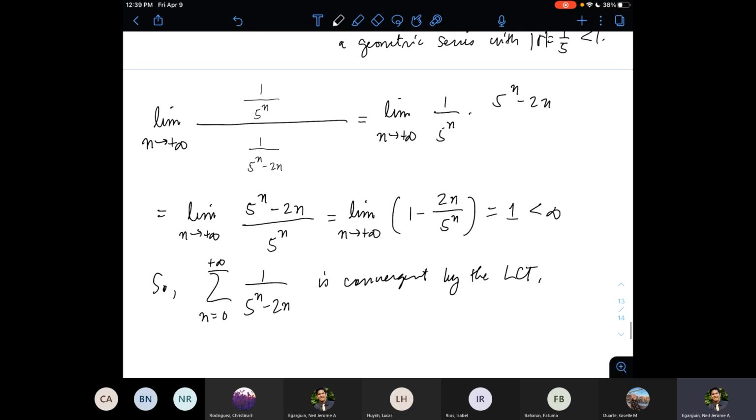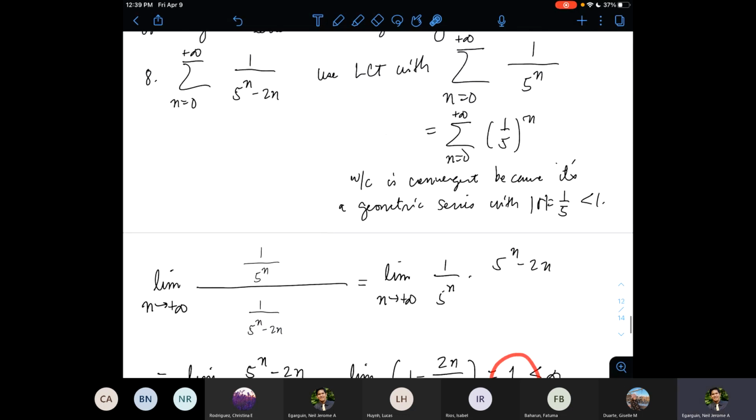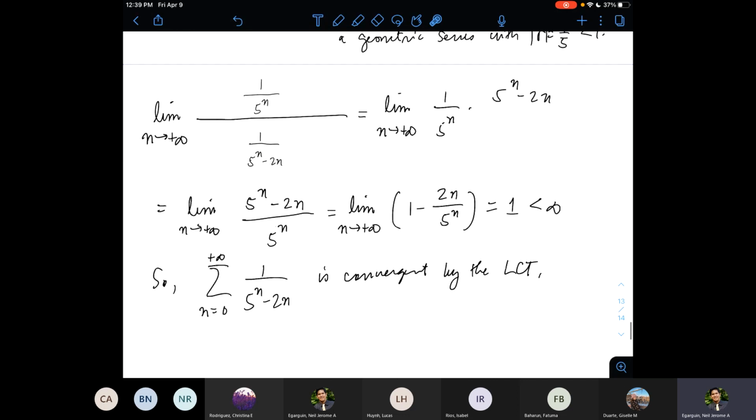Again, the reason why it is convergent is that it grows in the same way as the convergent geometric series grows. Again, LCT tells us if you have a finite limit, then the two series will both converge or they will both diverge. In this case, we knew one of the series to be convergent, and so the other series is forced to be convergent as well.